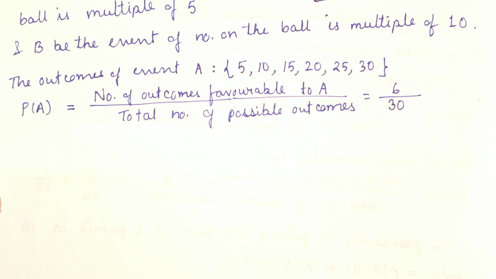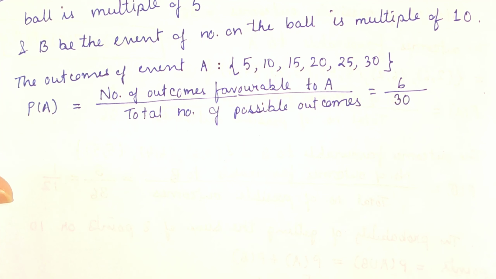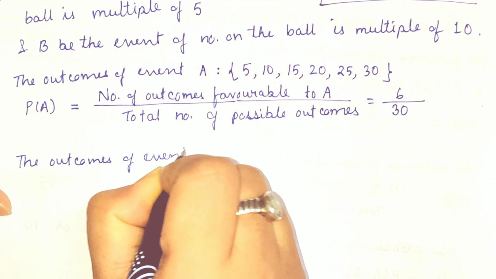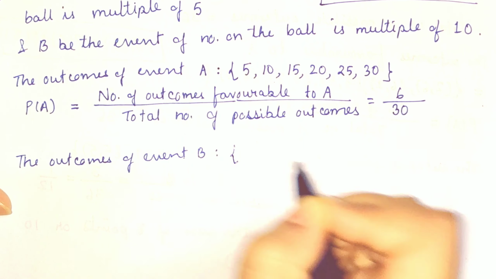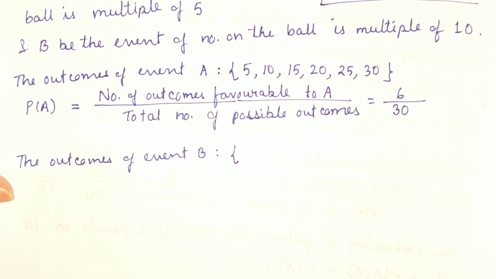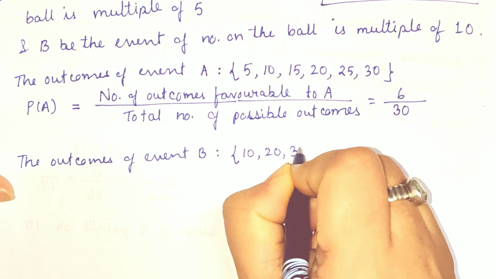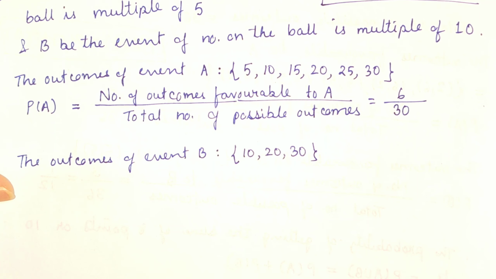From the event B, we will find the outcomes. Event B is the multiple of 10. Values are 10, 20, 30. Three values are there.